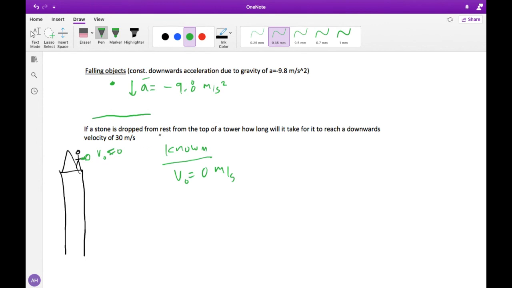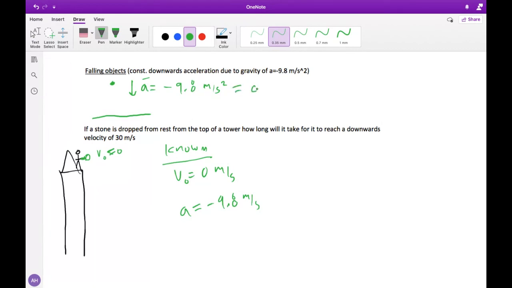We also know, although it's not explicitly said in the problem, that since this object is falling downwards, the acceleration is equal to negative 9.8 meters per second squared.